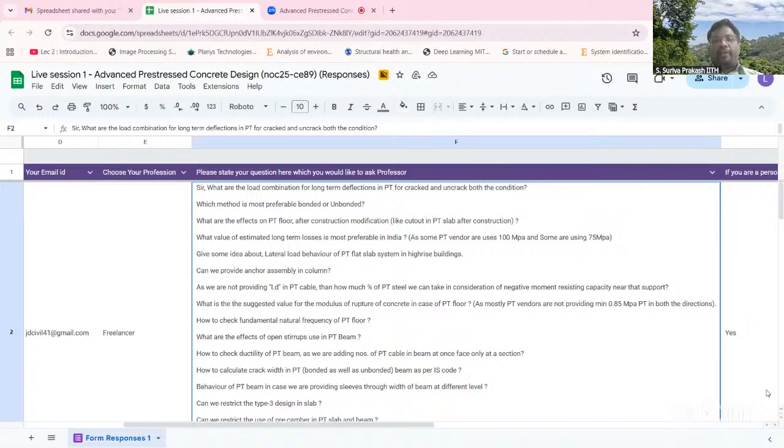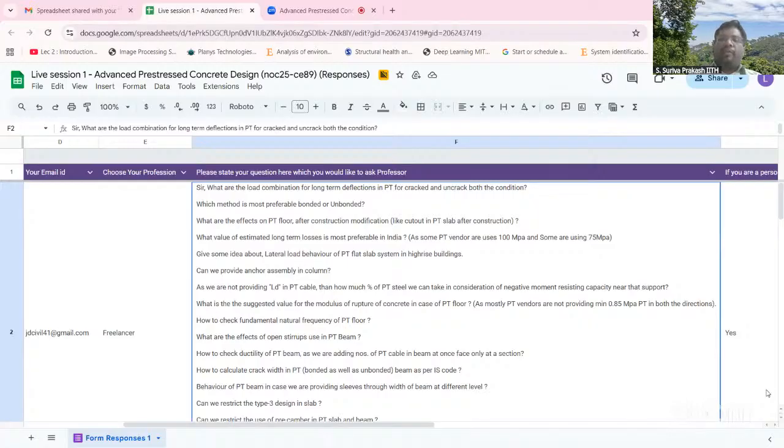And typically, in design practice, whenever we have designed, we take about 5% as a loss. So 5% of your 1860 roughly works out to be about 80 to 90 megapascal. So I would say 100 megapascal is a good number. But again, it's not a sacrosanct number.